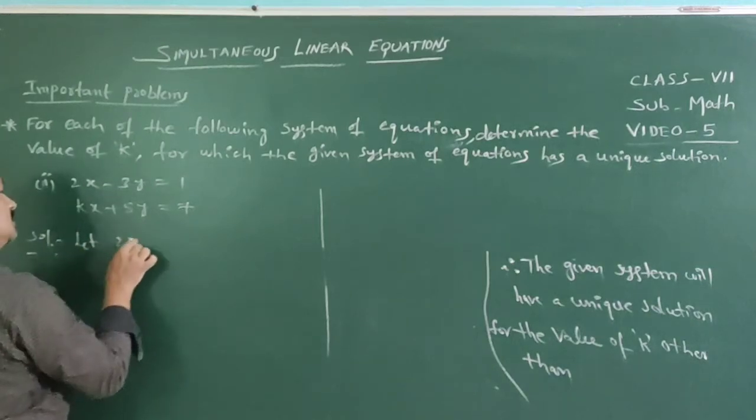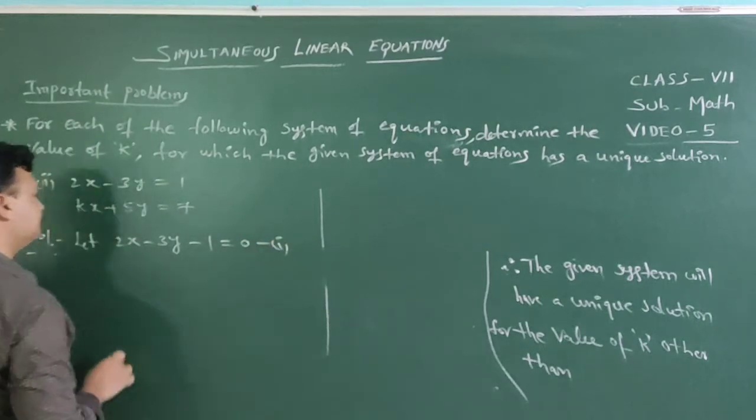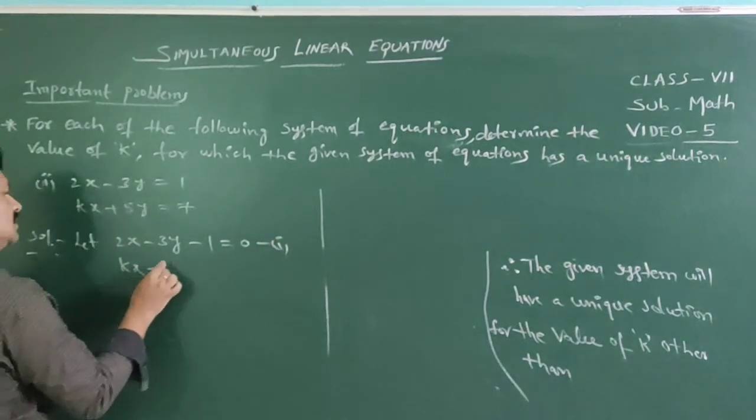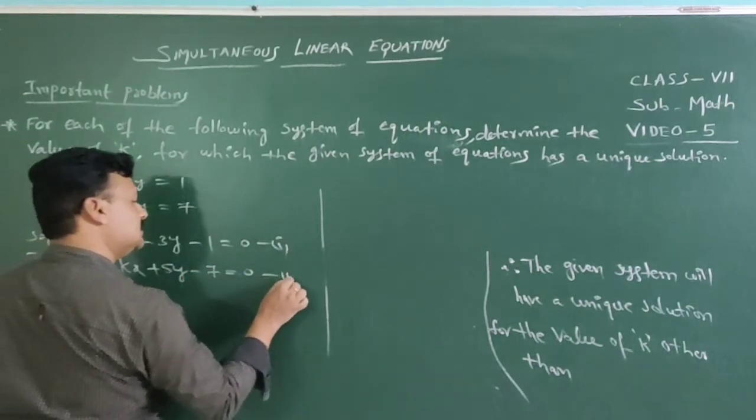Let 2x minus 3y minus 1 equal to 0 be the first equation, and kx plus 5y minus 7 equal to 0 be the second equation.